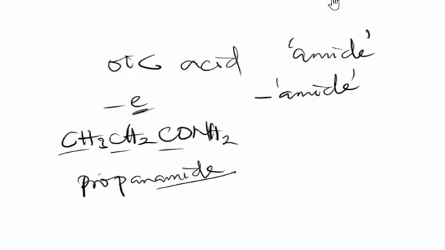Alright, so also secondary amides are named by using the uppercase letter N to indicate that the alkyl group is on the nitrogen atom.